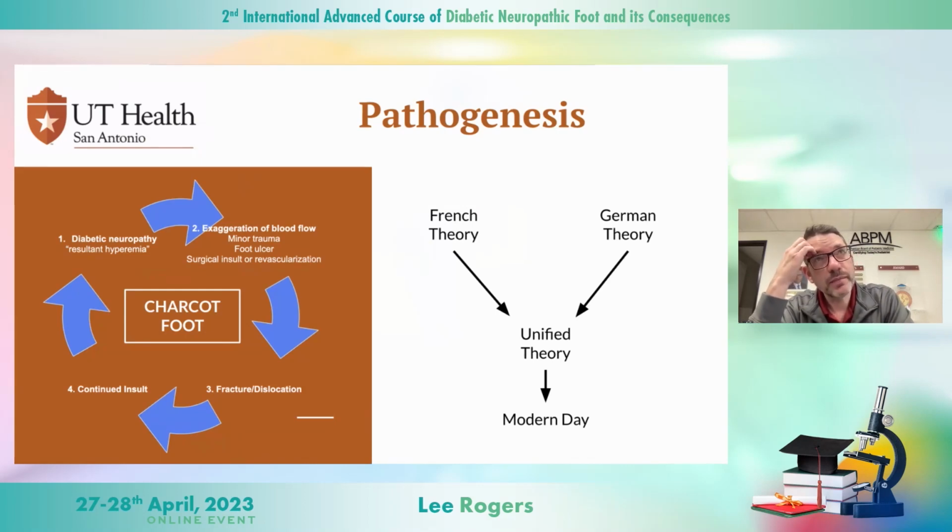In the Charcot and Diabetes UK registry, the CDUK study, that was created with about 250 patients with Charcot foot, around half of them had some type of surgical insult that preceded the Charcot foot. That can cause fracture or dislocation and then continued insult.